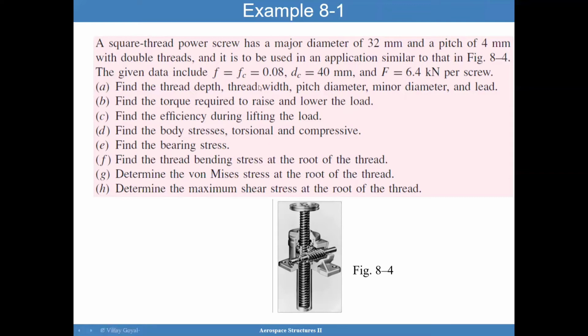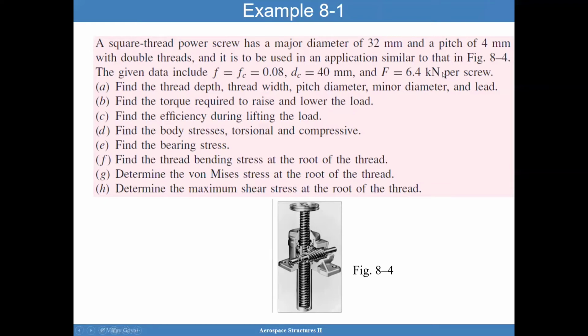A square thread power screw has a major diameter of 32 millimeters and a pitch of 4 millimeters with double threads. And it will be used in an application like this. We're assuming a friction coefficient of the collar of 0.08, a diameter of 40 millimeters, and a force of 6.4 kilonewtons per screw. That's the load that we may raise or lower.